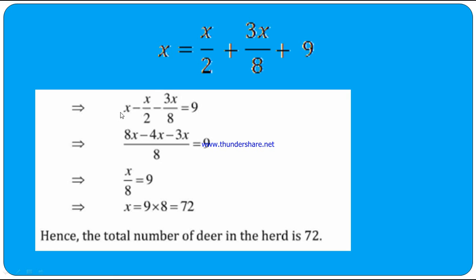To simplify this, x by 1, the hidden denominator 1. Now let's take the LCM of the denominators 1, 2, 8.